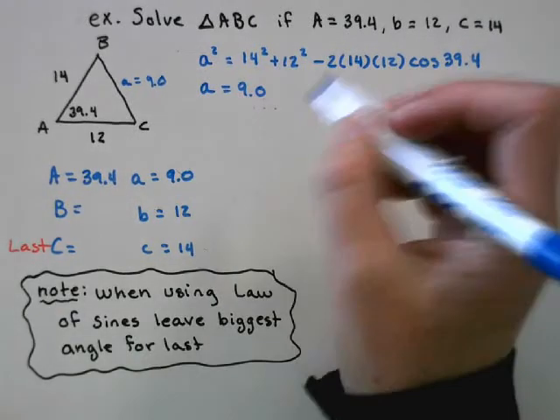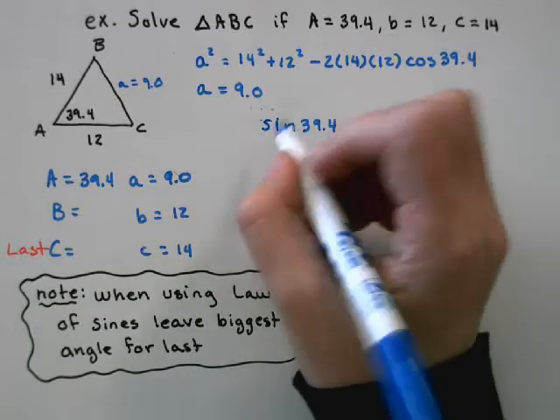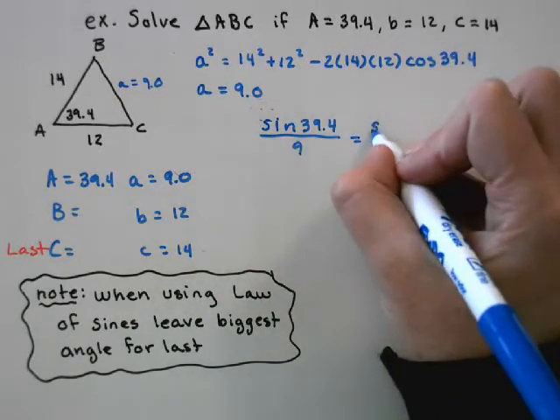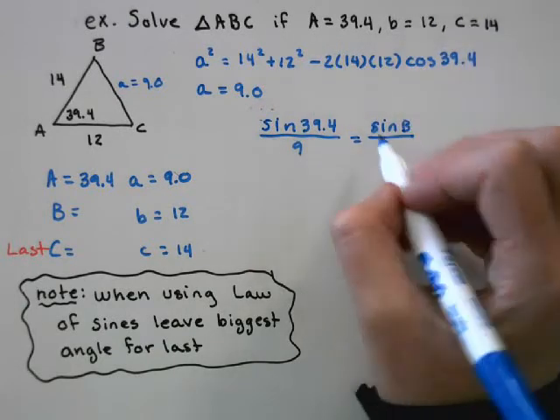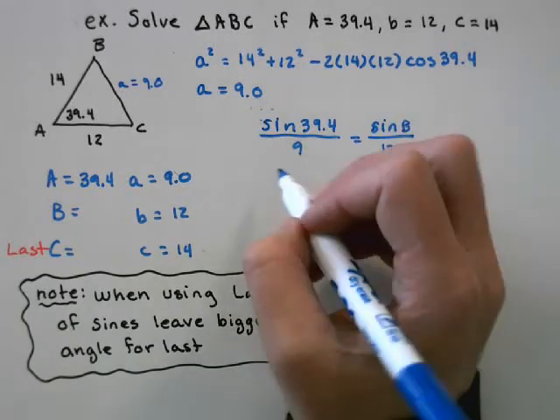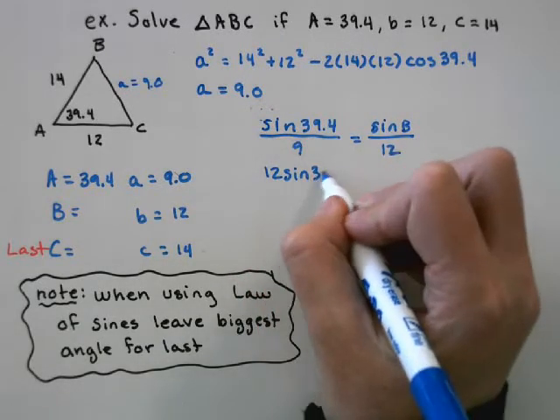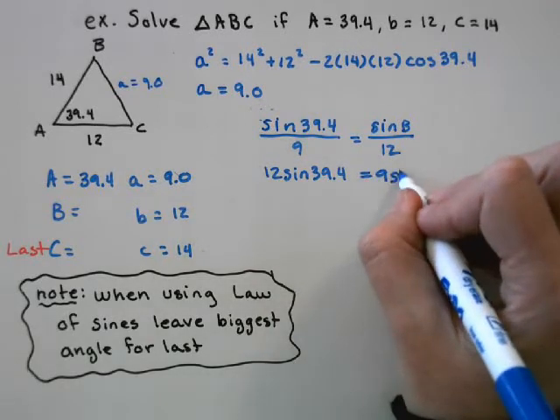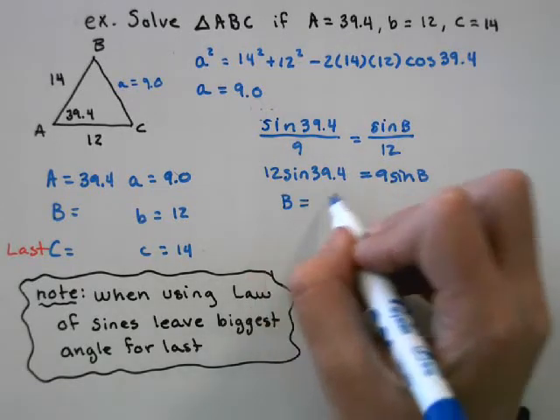We'll use the law of sines. So we're going to have sine of 39.4 over 9 equals sine of B over 12. And then our same math we've been doing. So we're going to divide and do the sine inverse.